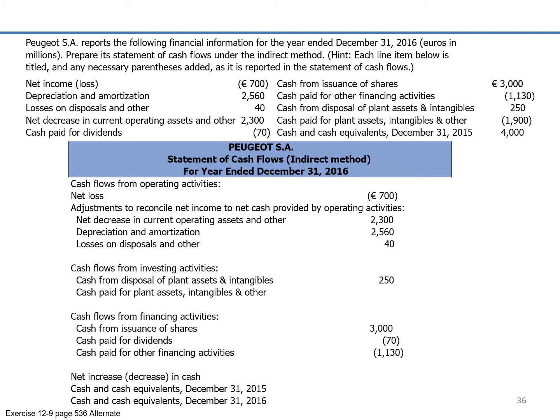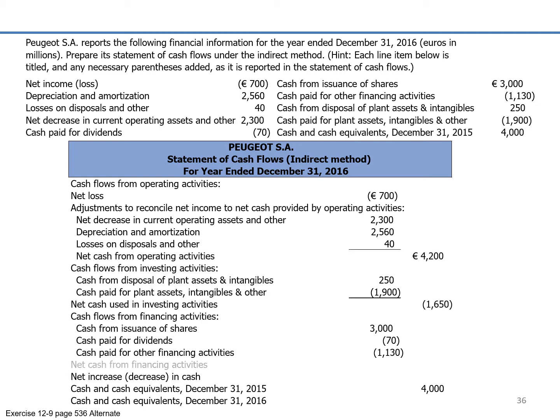Cash paid for plant assets, intangibles, and others, decrease of $1,900. They tell us that our beginning cash balance is $4,000. Add up each of your sections. Net increase or decrease in cash, $4,350, plus your $4,000 beginning. Ending cash balance of $8,350. Okay.